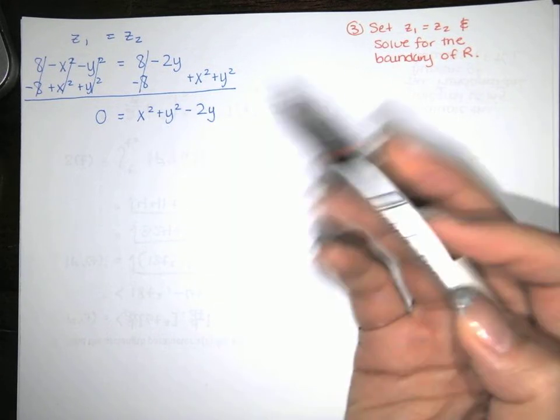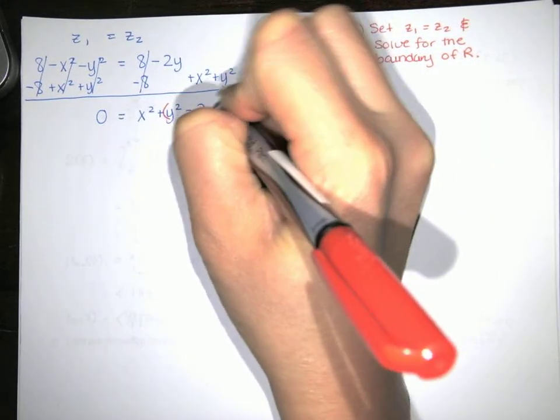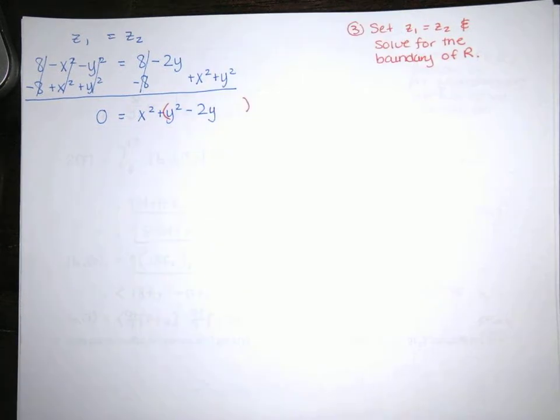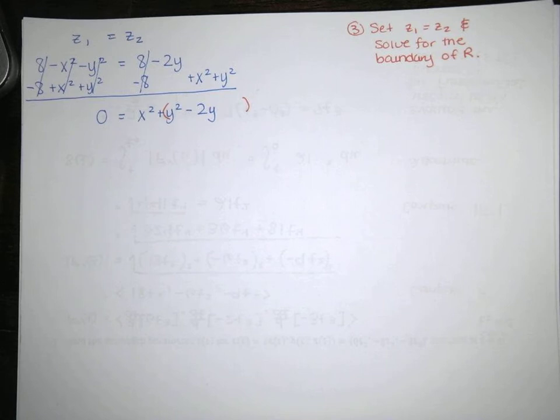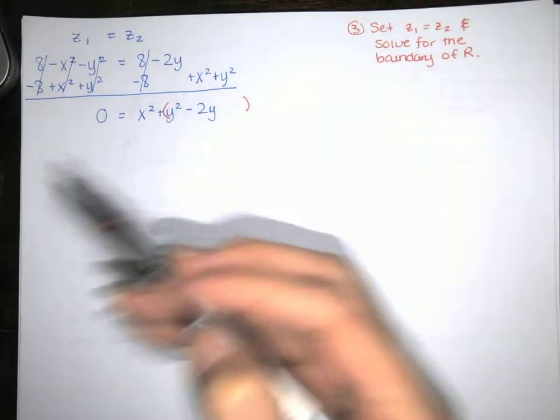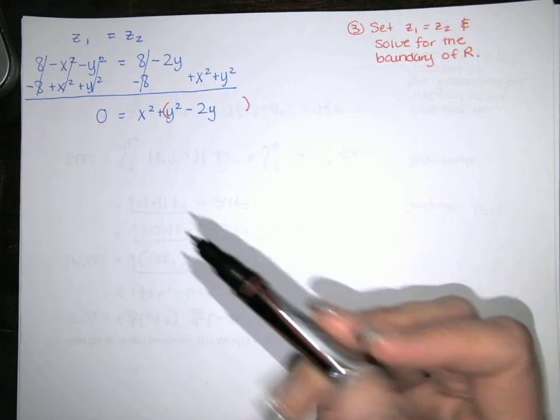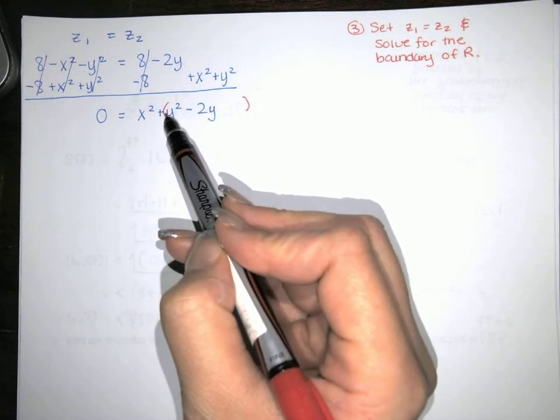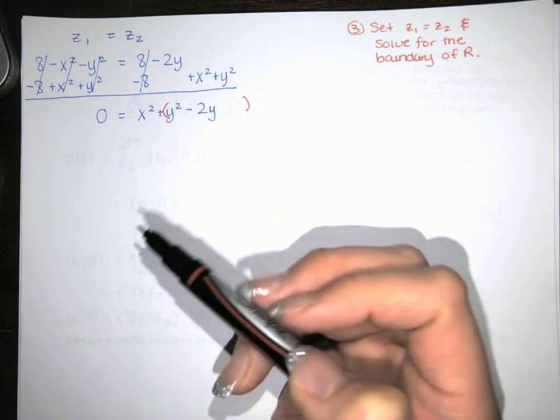We do have multiple y terms, so we'll group those together, and then we'll complete the square. Now, if there was a number in front of the y squared, we would factor that out from this term and this term. Since there's an implied 1 there, we're good to go. We're ready to complete the square.